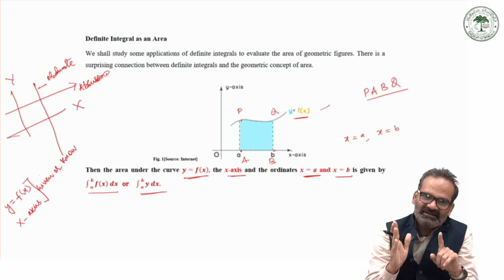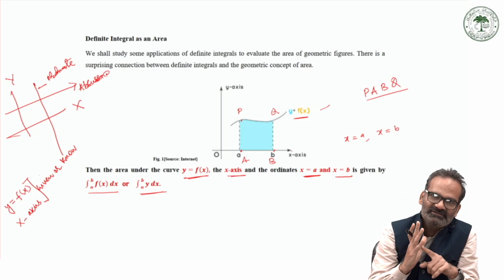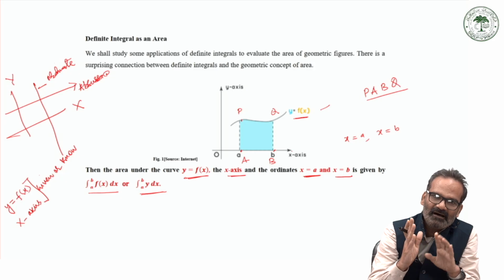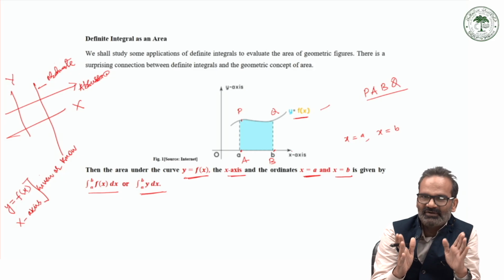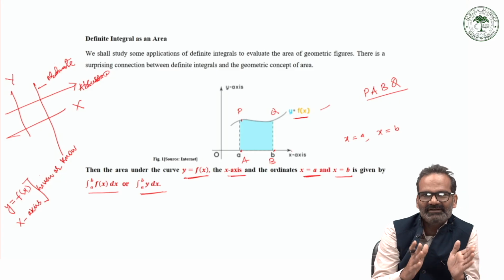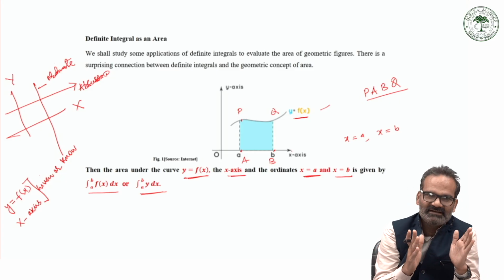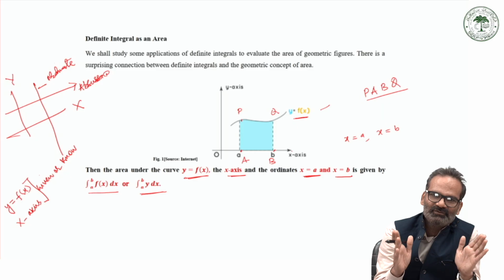We must have three components: a given curve y = f(x), and the x-axis. These two components are always given in the question. What about ordinates? Ordinates may be given, or may not be given. If ordinates are given, then you have nothing to do.